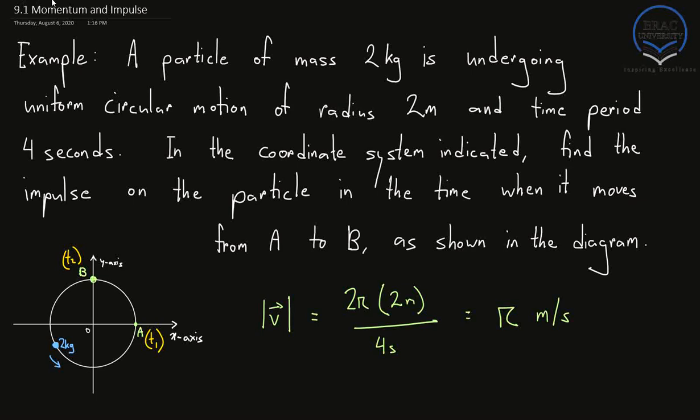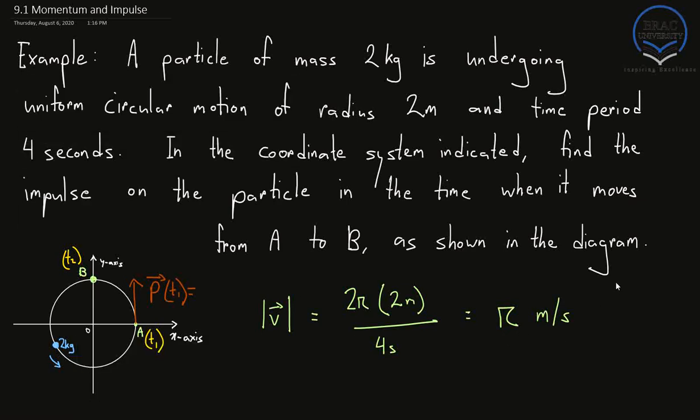At time t1, the momentum vector would look like this. Of course, the particle is moving anti-clockwise, so the velocity points in this direction at time t1 when the particle is at A. So let's write this as p(t1) equal to, and this is obviously a vector. We know that the magnitude of the momentum would be the mass, 2 kilograms, times the speed, pi meters per second.